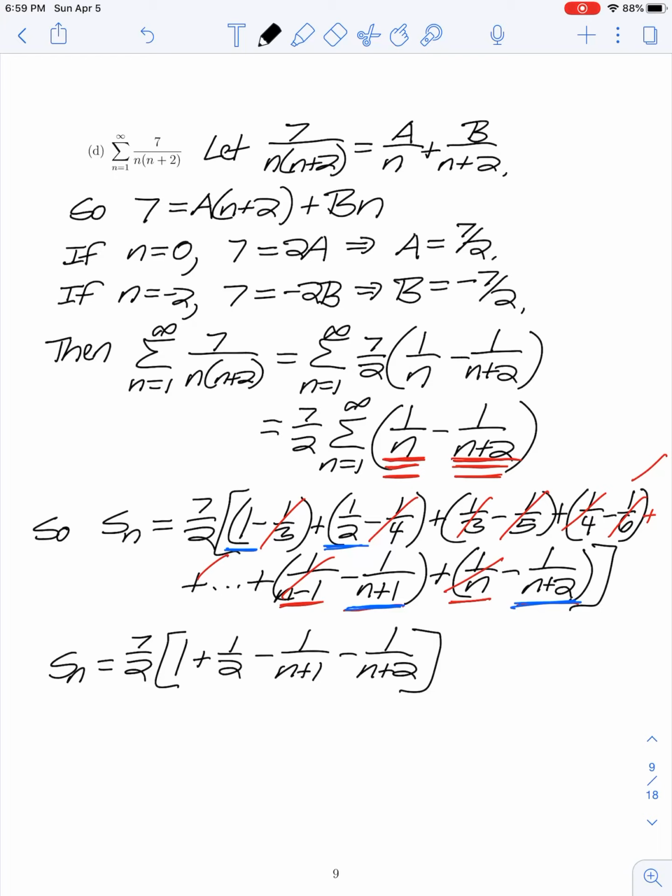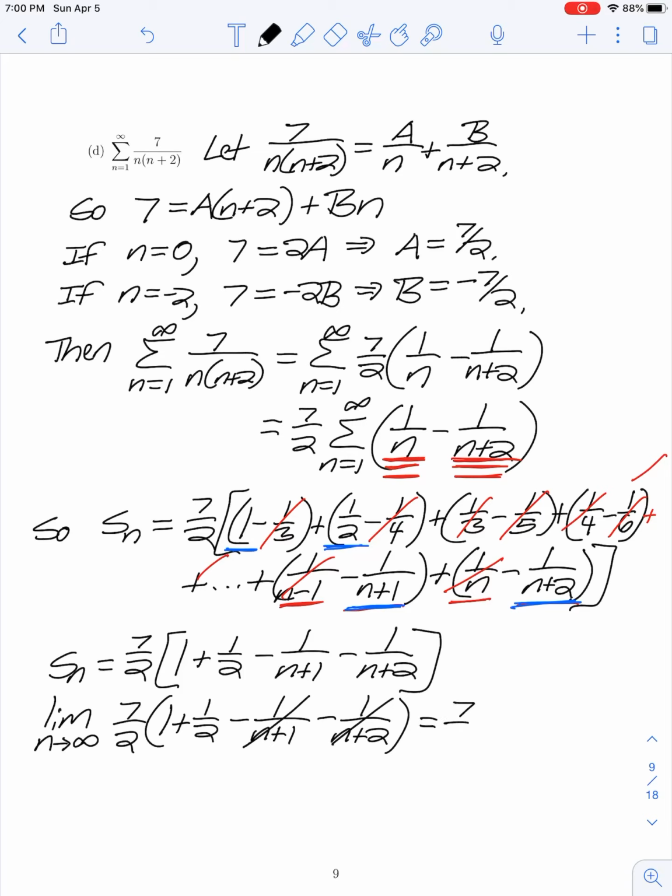So to determine convergence or divergence, we would look at the limit of this sequence of partial sums as n becomes large. So we've got our 7/2 times 1 plus 1/2 minus 1 over n plus 1 minus 1 over n plus 2. And as n gets large, these last 2 terms decrease to 0.